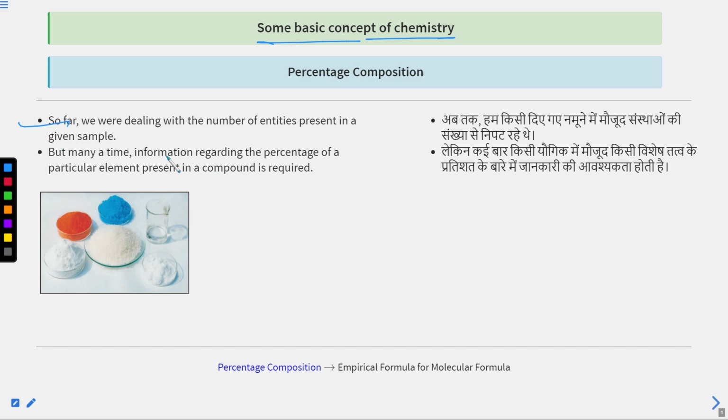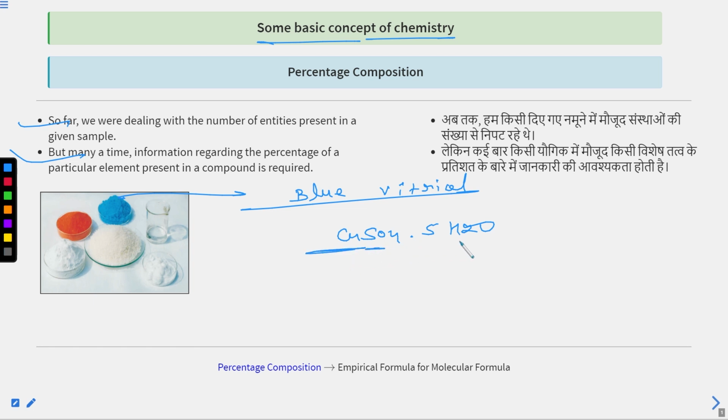Many times the information regarding the percentage of a particular element present in a compound is required, like what percentage of water molecules are there in blue vitriol, which is copper sulfate pentahydrate.